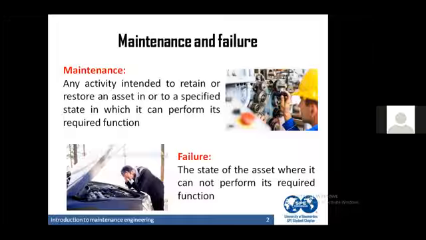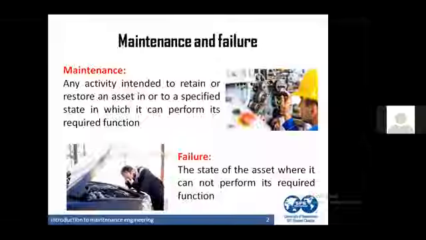However, the word restore means any actions that the maintenance person gives to this equipment after the failure happens, which means corrective actions. I continue the definition: in or to a specified state.